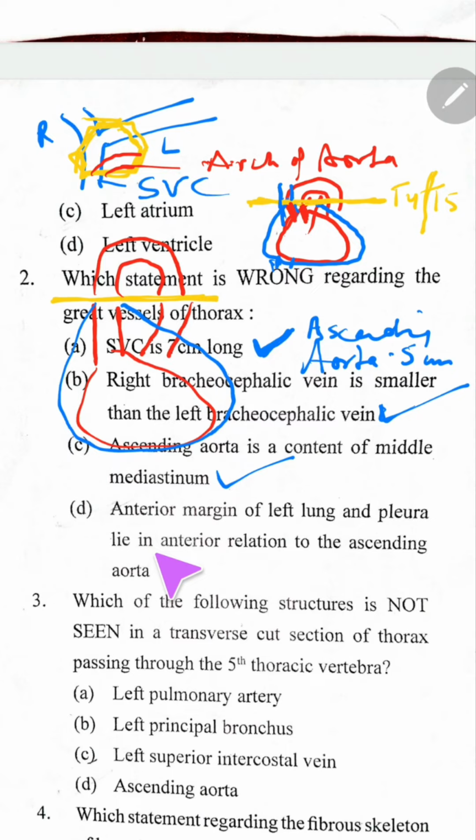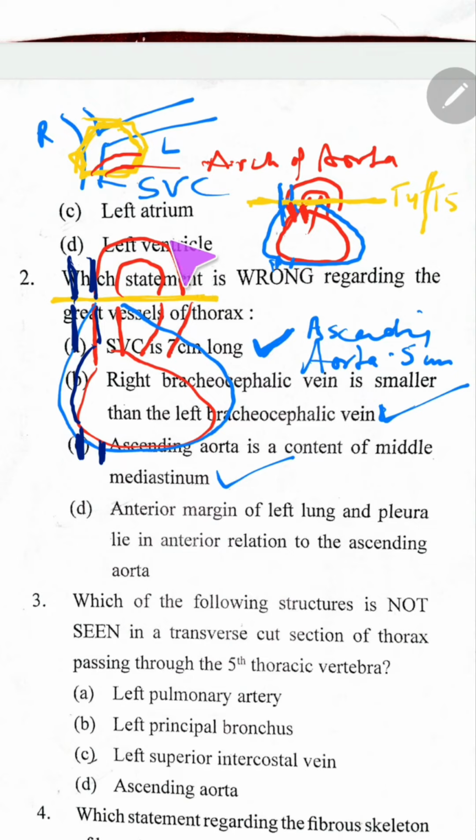Now D: the anterior margin of the left lung and pleura lie in anterior relation to the ascending aorta. Let me draw this. SVC will be here. It also is partly a content of the middle mediastinum, and this is the right atrium, and here you find the inferior vena cava. Now we are talking about the lungs.